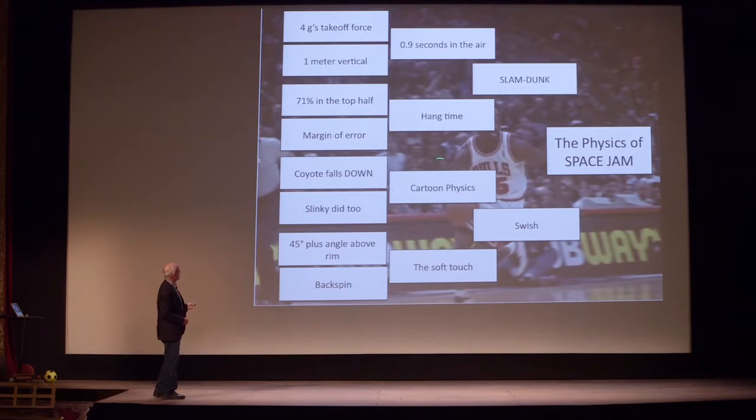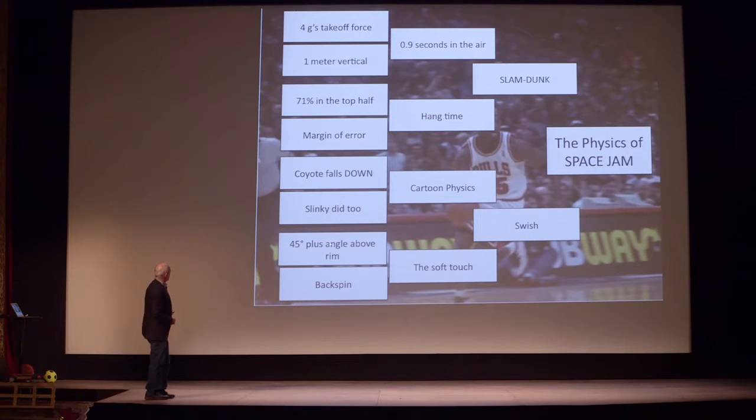Cartoon physics is the result of a coyote. He still falls down, of course, as the Slinky did too, and that is one of the few things that we pointed out about cartoon physics. It would be interesting to look at a whole bunch of cartoons and figure out what's wrong with every one of them, but then it wouldn't be maybe as entertaining as it is.